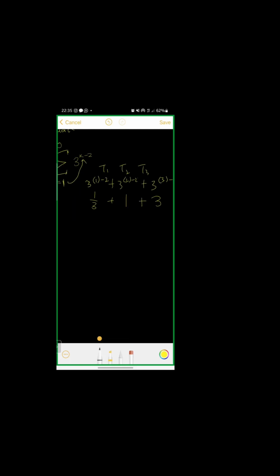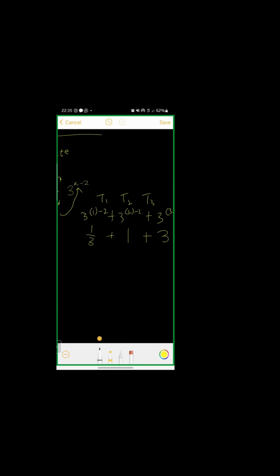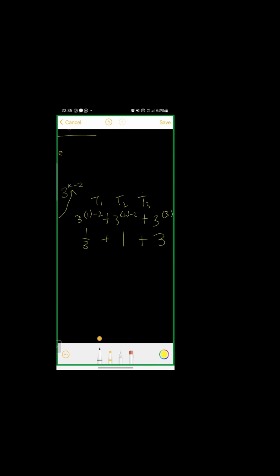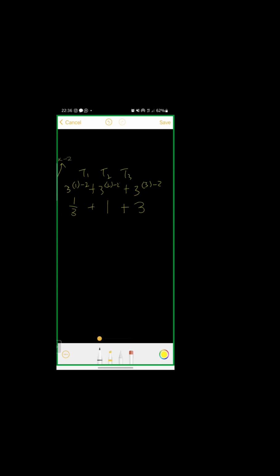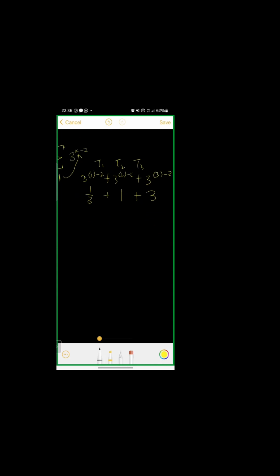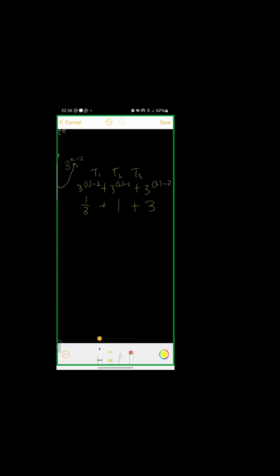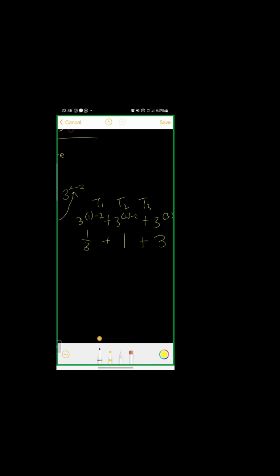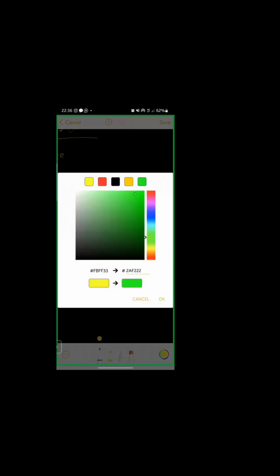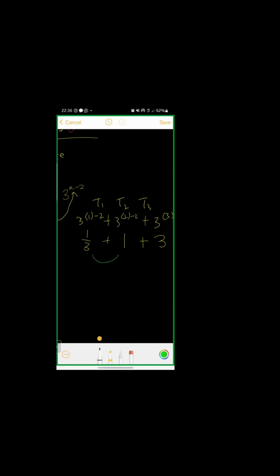And therefore we can now judge whether it is arithmetic or geometric, just by the first 3 terms. Let's look at it briefly. Here we have 1/3 to 1. Let's judge if it was arithmetic, for example. To get from 1/3 to 1, we add 2/3.